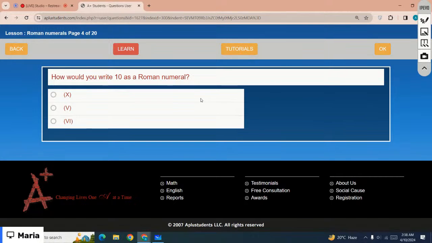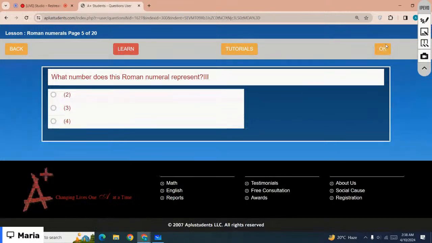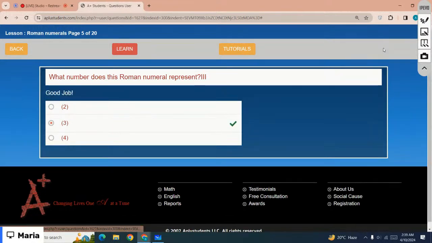You can write 10 as X. What number does the Roman numeral represent? I. Which number is it? 3 it is. The correct option is 3. Very good.